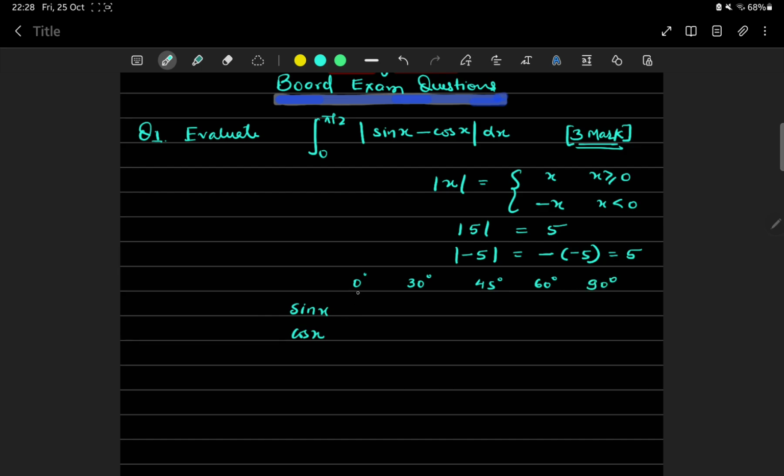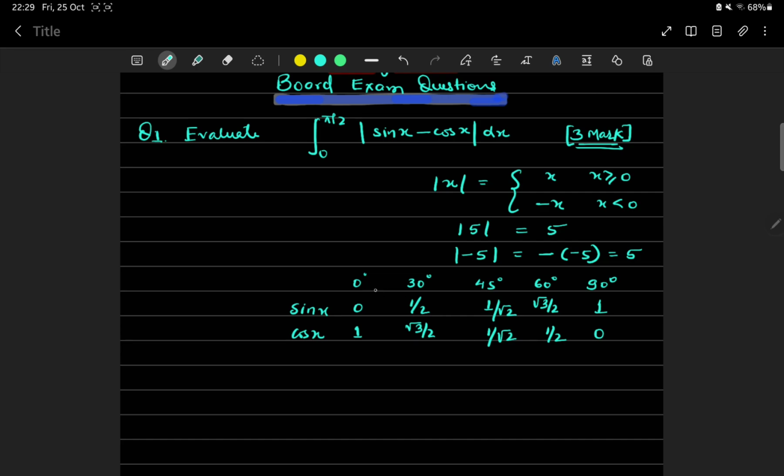The value of sin x at 0 degree is 0, at 30 degree it is 1 by 2, then 1 by root 2, root 3 by 2 and 1. Now cos x at 0 will be 1, cos 30 will be root 3 by 2, cos 45 will also be 1 by root 2, cos 60 will be 1 by 2, and cos 90 will be 0.